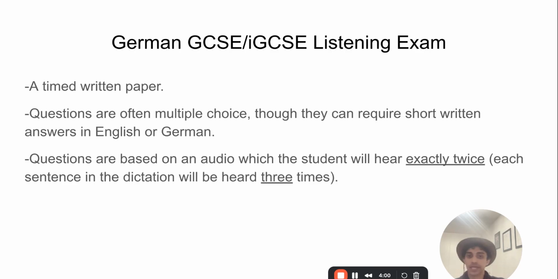There are others that could potentially come up too, but those ones are perhaps the most common ones that you'll see time and time again if you're going through past papers. Questions are largely multiple choice, but they can also ask you to write short written answers in either English or in German. So that's something to be aware of too.